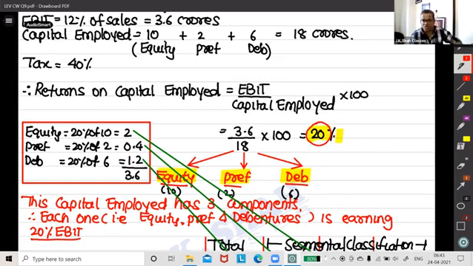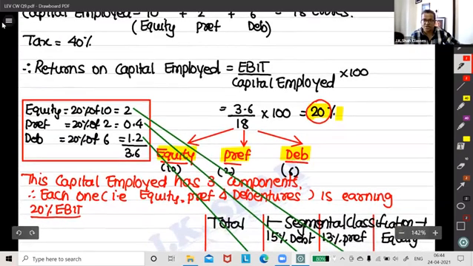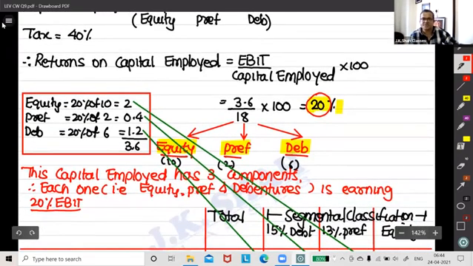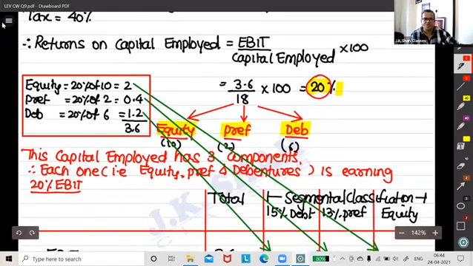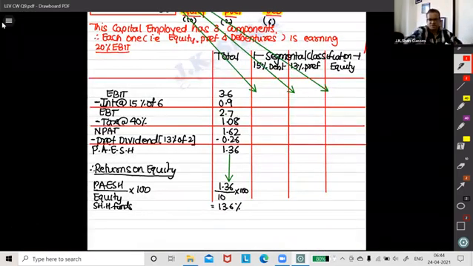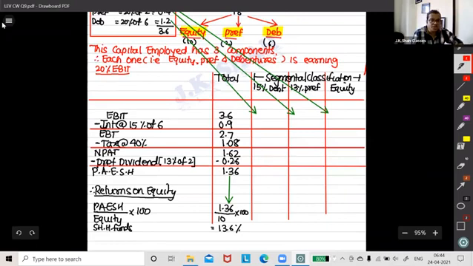Now see, we are going to make an income statement. First, we are making a normal income statement. EBIT 3.6, less interest. Debentures are 15% debentures, and the debenture amount is 6, so 15% of 6 is 0.9.